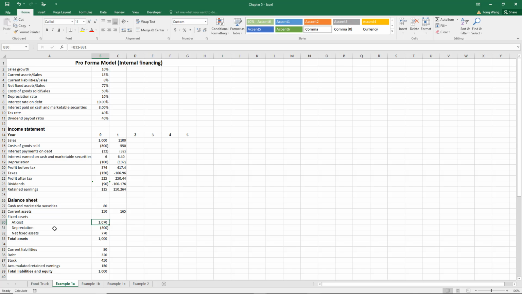But this number is already entered as a negative number because it's depreciation. So the formula, if I just want to add up the two numbers, actually what I need is C22 minus C32 minus C31.